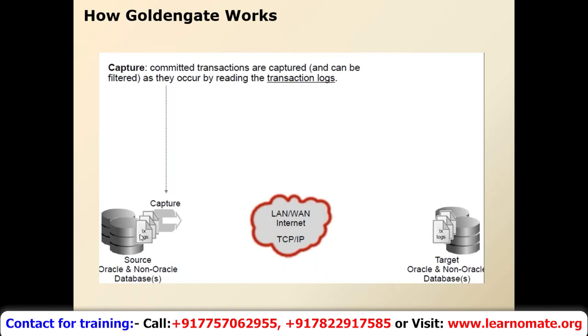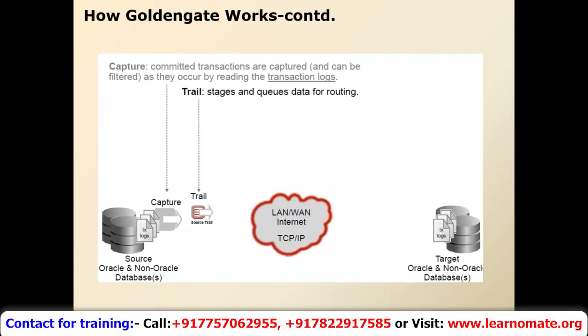Whatever transaction comes, the capture process reads it and writes it to a trail file on the local machine, which is called a local trail file. These trail files reside on your operating system and consume your hard disk.